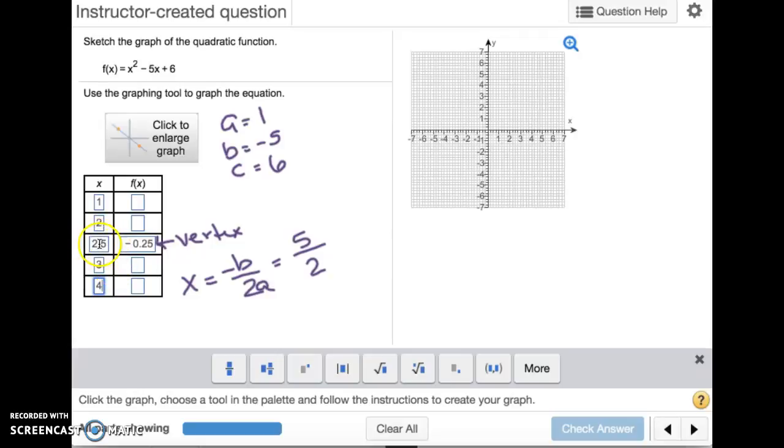Again, if this is already a whole number, then I would just go 1 unit away, 1 unit away, making sure that the small values are at the top, big numbers are at the bottom. Once I have these, I'm going to enter these numbers into my calculator to get their values.